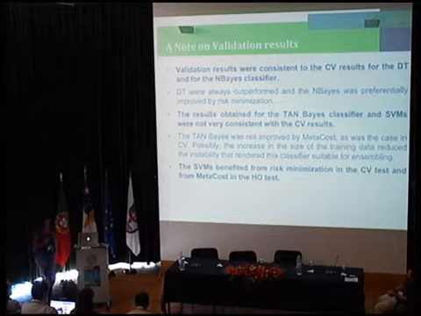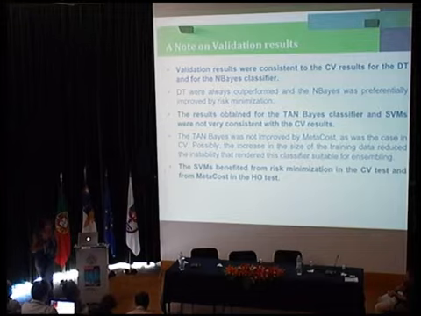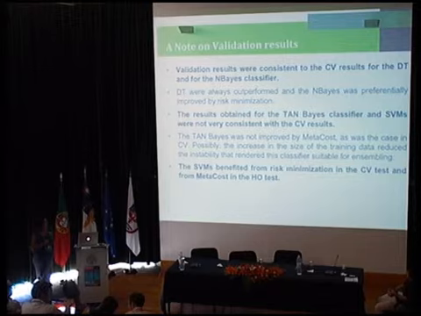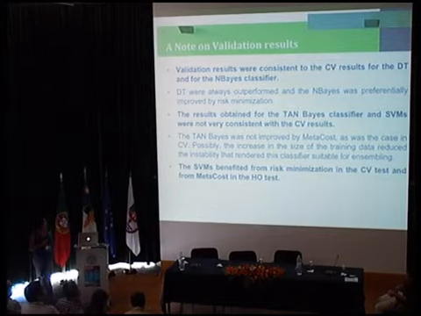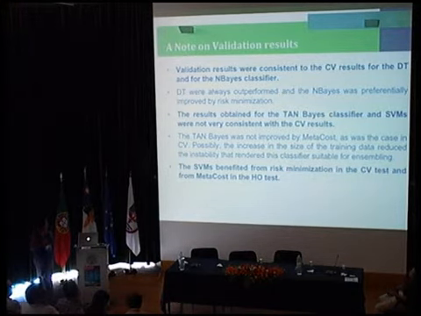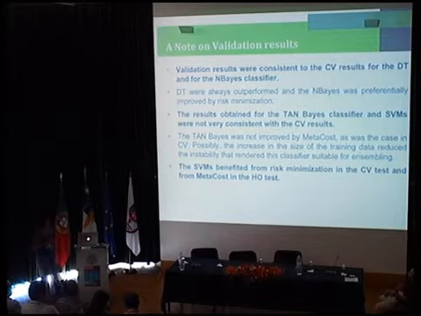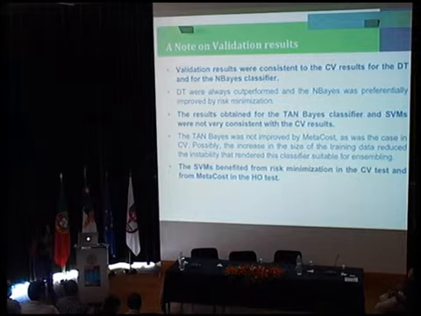And this is good because this means that we can use the types of algorithms for imbalanced data that we are advocating in the case of decision trees and naive Bayes. The decision trees were always outperformed, and the naive Bayes was preferentially improved by risk minimization, also in the test sets.